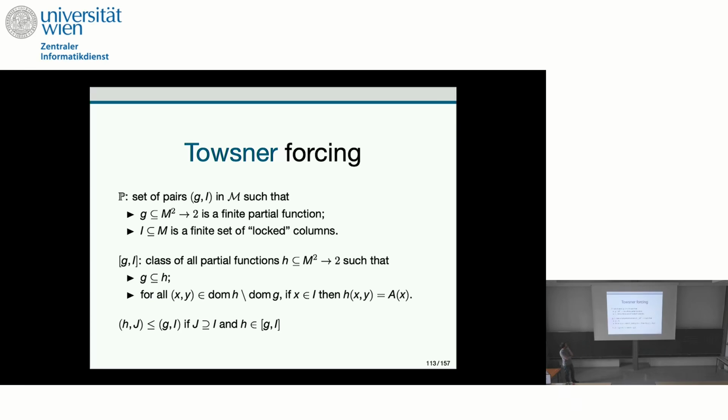So you can define the denotation of a condition (G, I) to be just an arbitrary function H over pairs which contains G as an initial segment, so it's compatible with G, and for any pair which you add to H, if it already belongs to a locked column, then it has to be the right value.